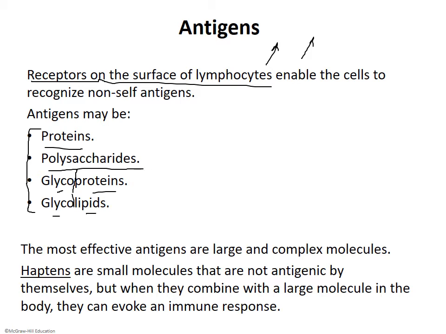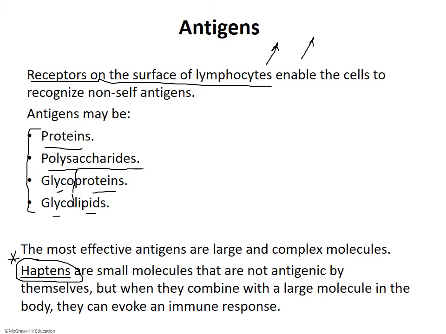Now, here's the other thing. We have these things called haptens, which are just small molecules. This is simply something that is not an antigen per se, because the molecule itself is not attached to a cell body somewhere. This molecule itself can cause an immune response. Again, I could spend the next 30 minutes talking about haptens, but in this book, that's the only time it really talks about it.